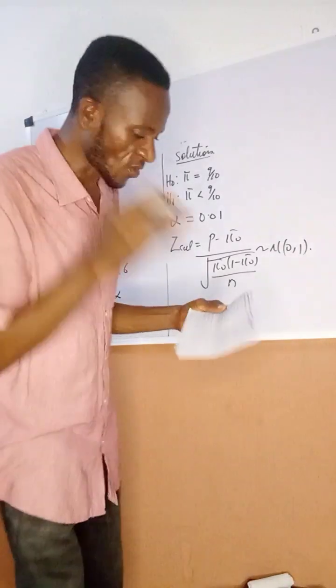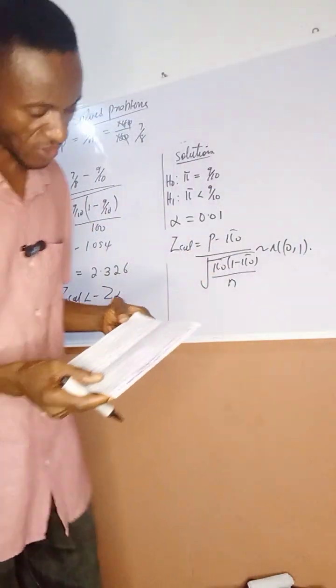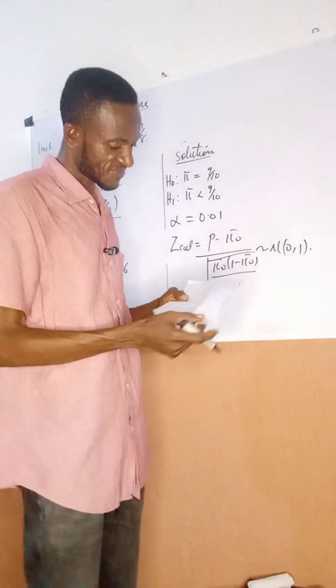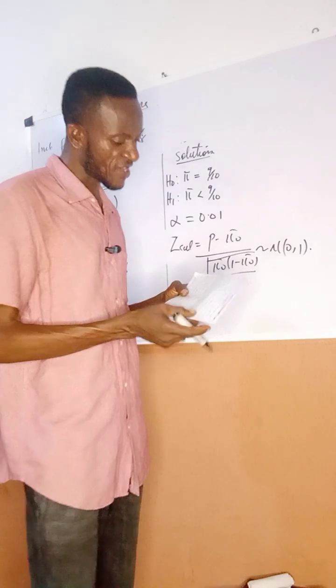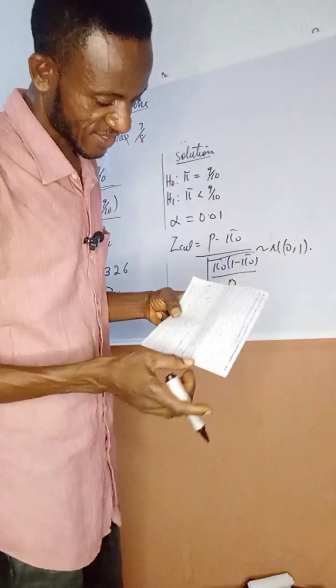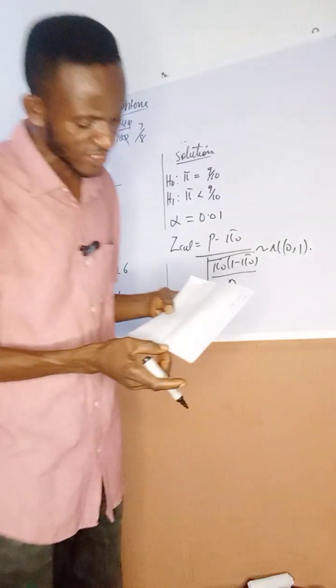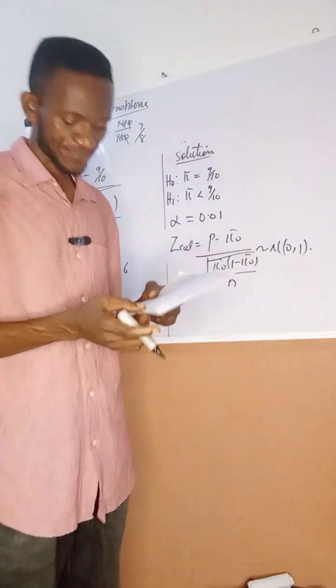So I want to give you something like a classwork for you to try. So try this question at your convenience. I called it here classwork. And that classwork says, a director of a given government parastatal said that 70% of the employers are men.